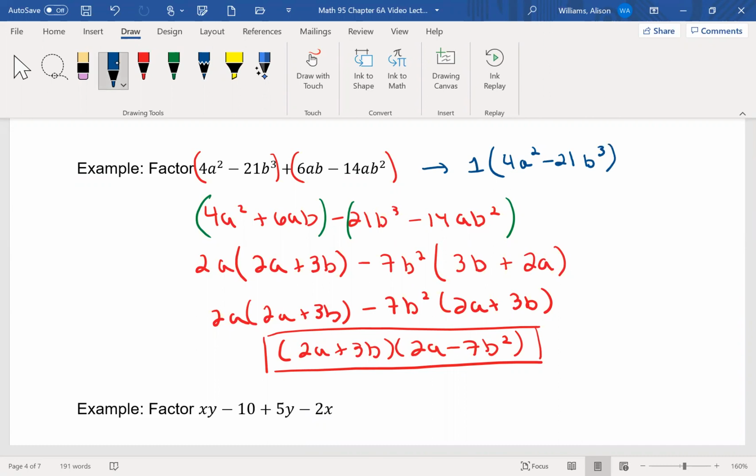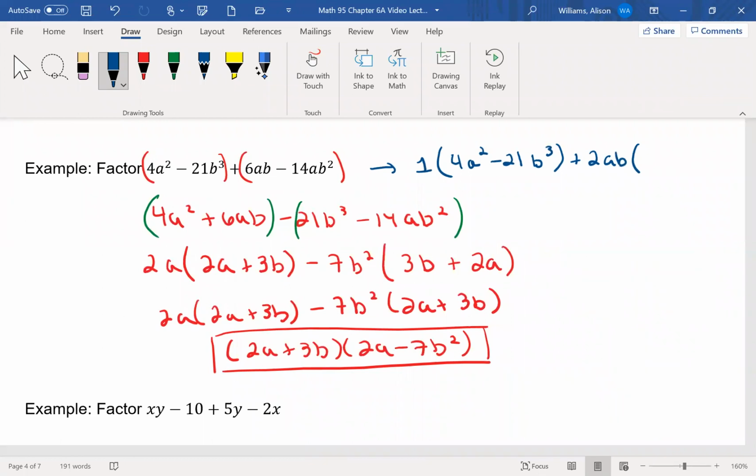And then the second terms, I could factor out a 2, sorry, it's going to be plus 2, an a and a b, and I'd be left with 3 minus 7b. And clearly the blobs don't match, right?